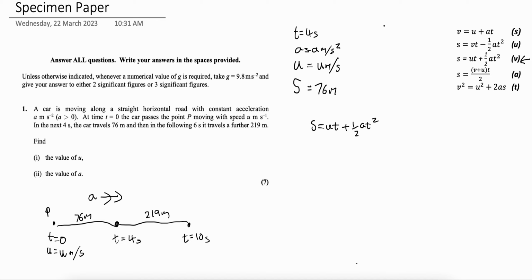Now if you look at our second stage, so that's our stage 1, and then our second stage, we have a time for this part of the journey to be 10 seconds. We have a total distance which is going to be the 76 plus the further 219, which is going to be 295 meters. And that's it.